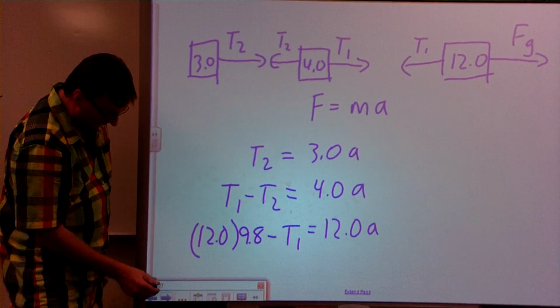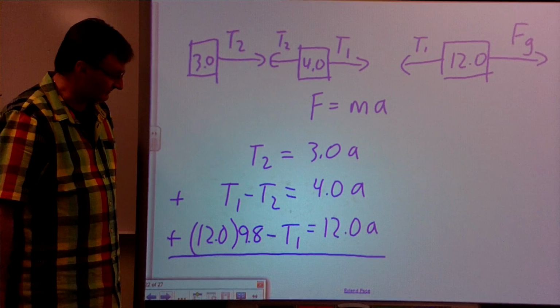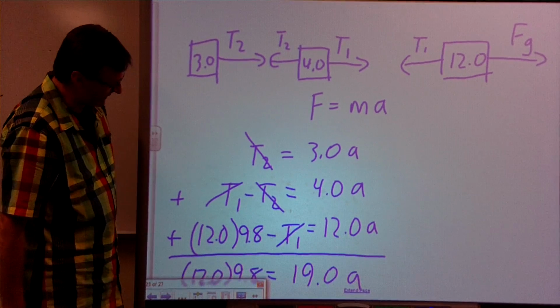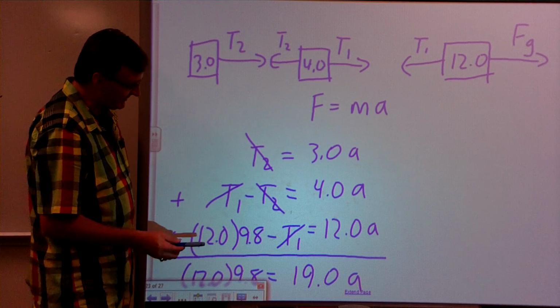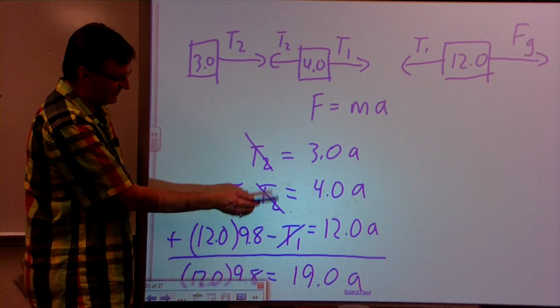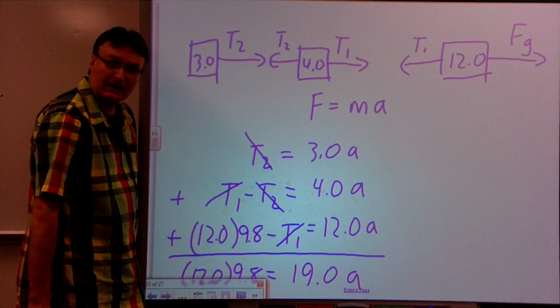And what we're going to do now is just add all of these equations together and see what happens. When you add them together, the T2s cancel out because we have a T2 minus a T2. And we also have a T1 minus a T1, which also cancels out.